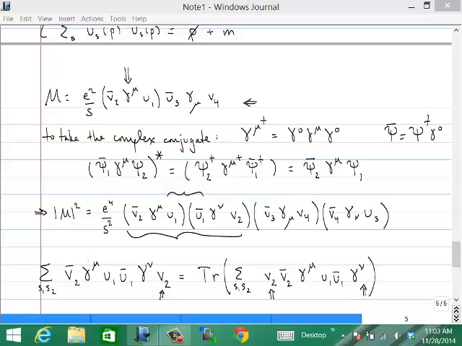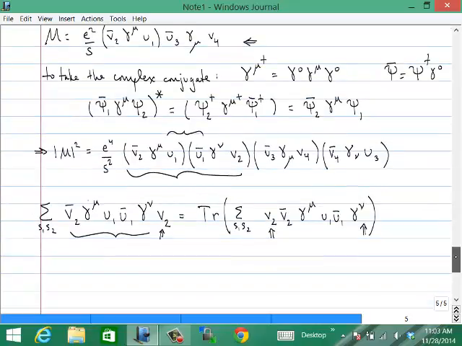A slick way of saying it is that this is a number, and any number is equal to its trace, and traces are cyclic. So you can always move something from the end of the trace to the beginning, or vice versa, and then you get an expression like this.